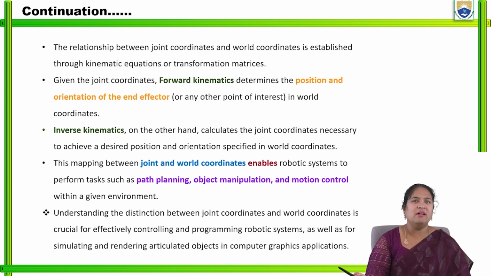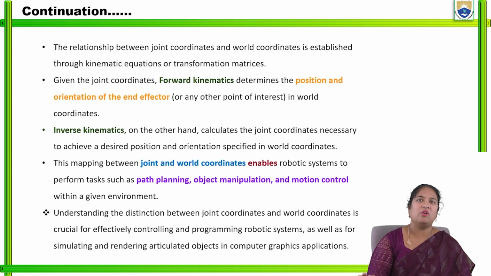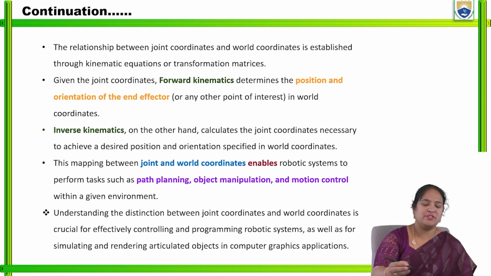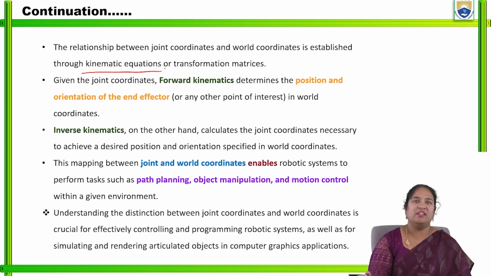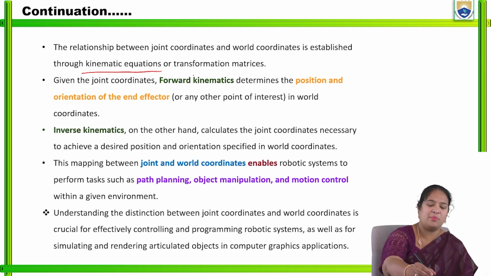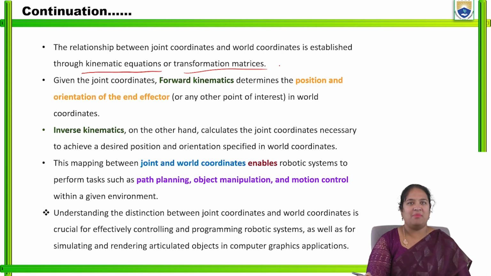Next, in forward and inverse kinematics, we use these terms in various forms. The relationship between the joint coordinates and the world coordinates is established with the help of the kinematic equation, or with the help of transformation matrices.